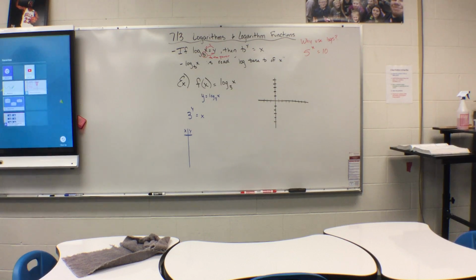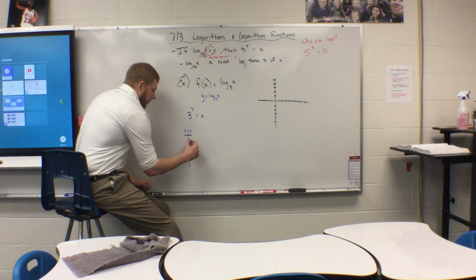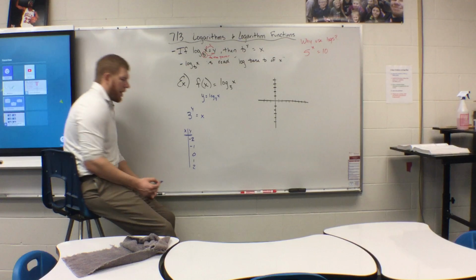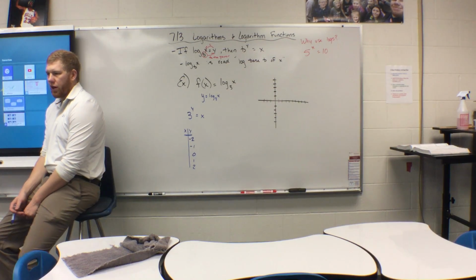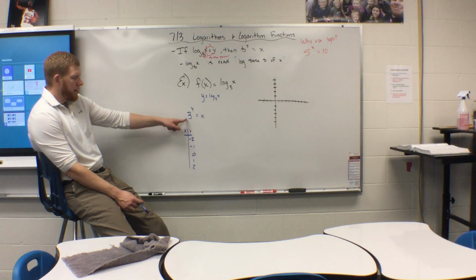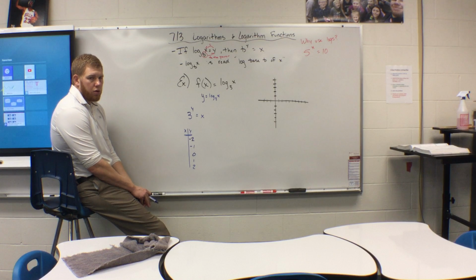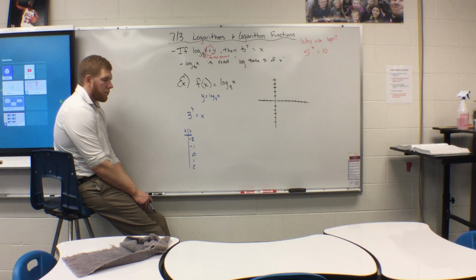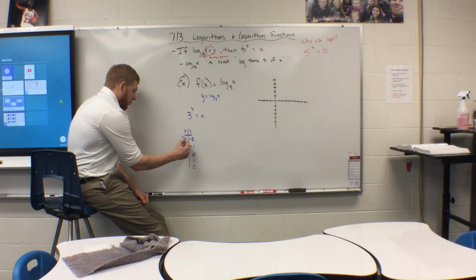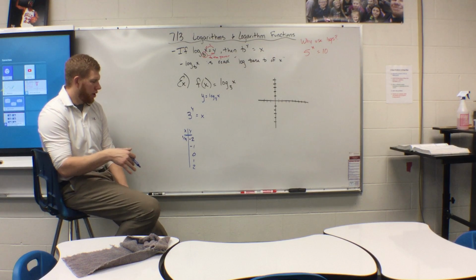So instead of plugging values in for x, we can plug in values for y, because I don't know how to plug in values for x and get y. So 3 to the -2 power is what? 1/9. Because remember, anytime we have a negative exponent, we gotta flip it to the bottom, so it's like 1/3 squared.